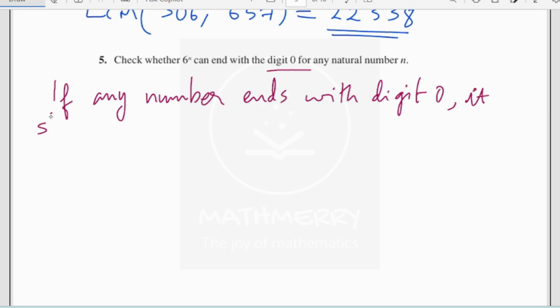If any number is ending with 0, that means it should be divisible by 10. I hope this is clear.